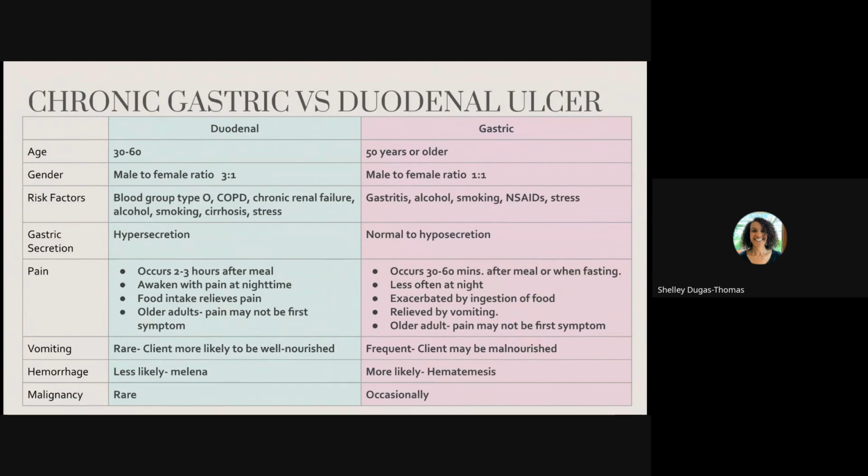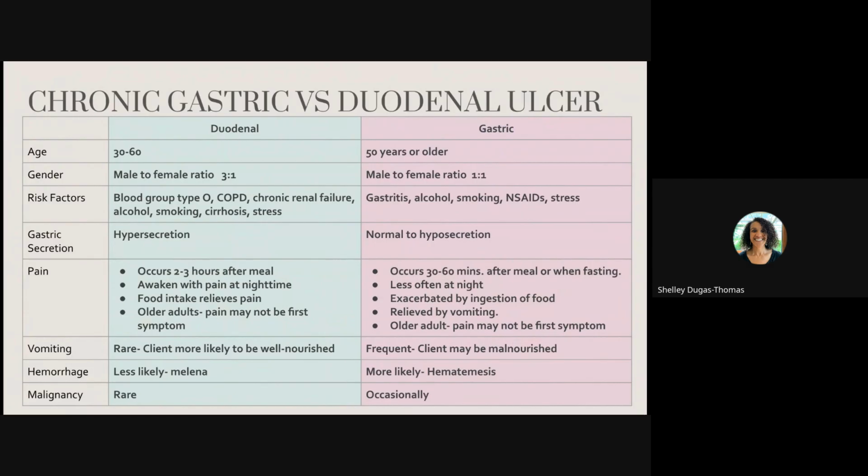So, the key difference between chronic gastric and duodenal ulcers are timing of pain relative to meals. With a gastric ulcer, the pain is when the person is eating or shortly thereafter. And with a duodenal ulcer, the pain is between meals and it's actually relieved by eating.